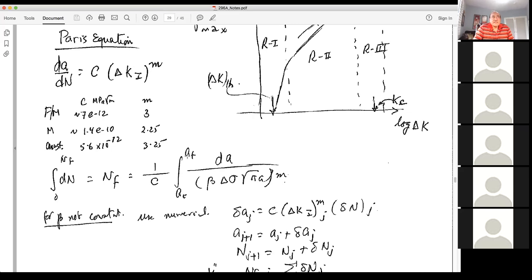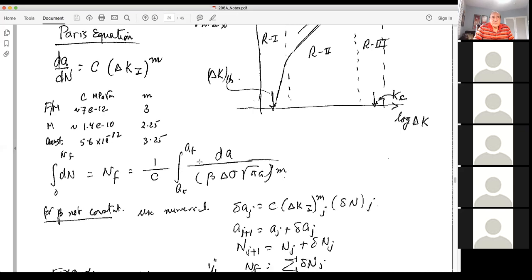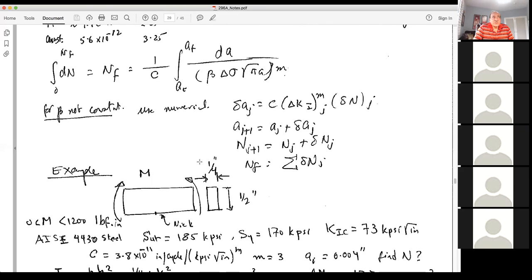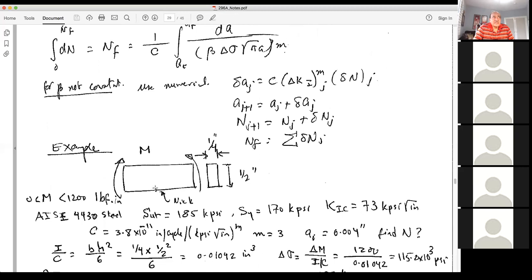So the maximum crack size, as the crack grows through the material, is going to propagate, let's say here. So if I have a crack that's going to start here, it is going to propagate. And as it propagates, let's say in this example, I have an applied moment M that is oscillating, and the crack keeps moving up, up, and up.